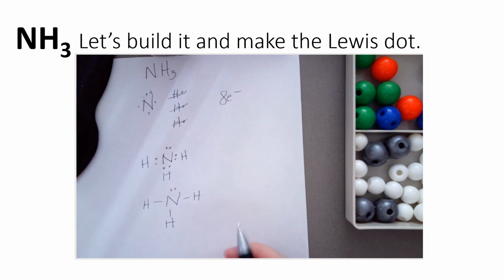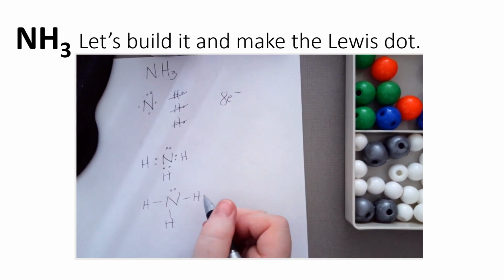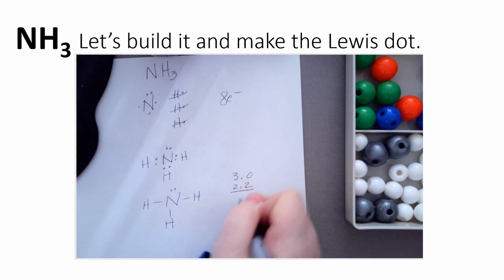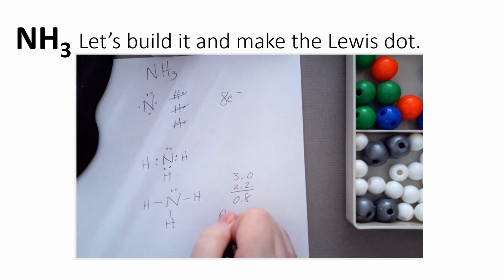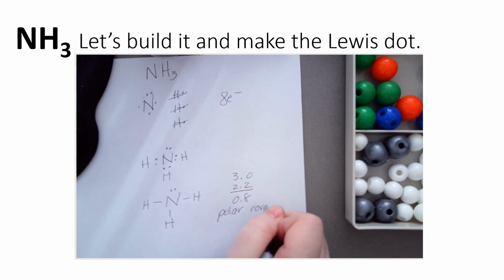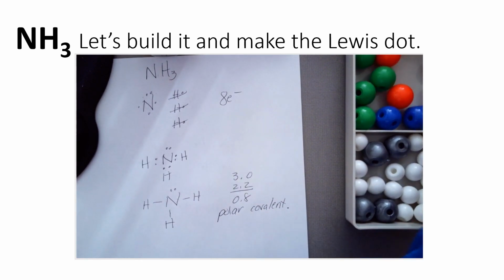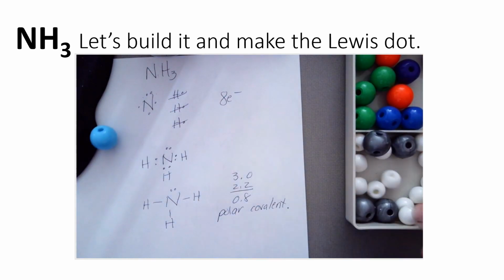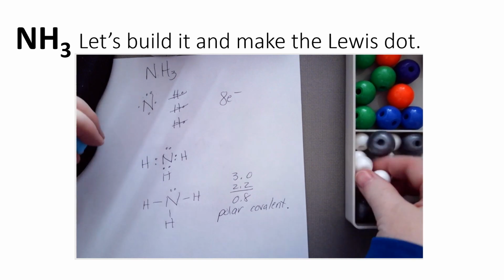So what about the bond between nitrogen and hydrogen? Nitrogen's electronegativity is 3.0. Hydrogen is 2.2. So each one of those bonds is polar covalent. Let's see the shape. Nitrogen, we did that before, is blue, and hydrogens are white.